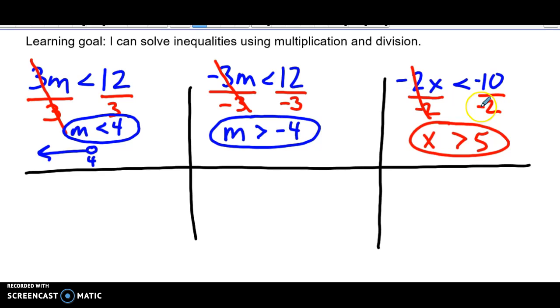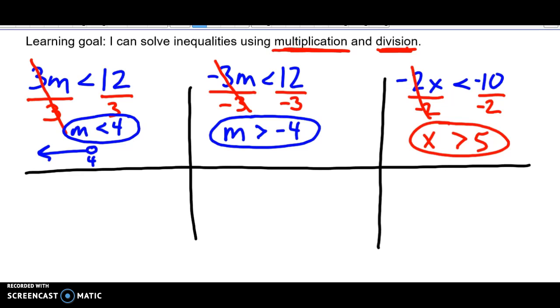Anytime you divide by a negative number, you have to reverse your inequality symbol. So a less than becomes a greater than, and vice versa, a greater than would become a less than. So that's true when we are using division to solve, but we are using multiplication and division.